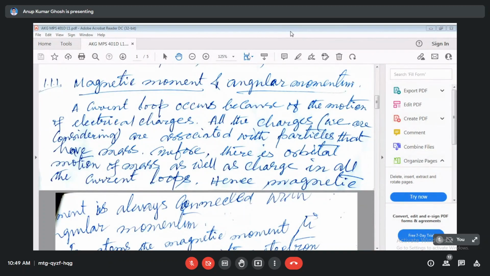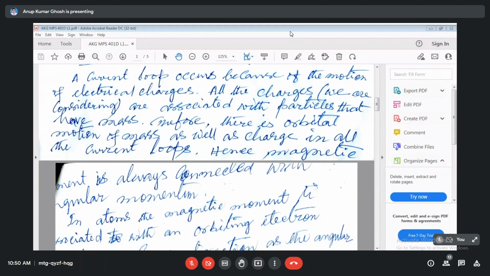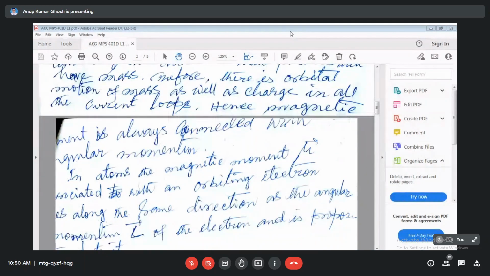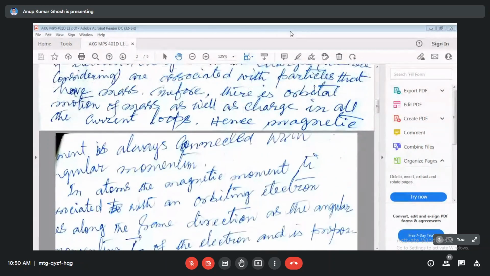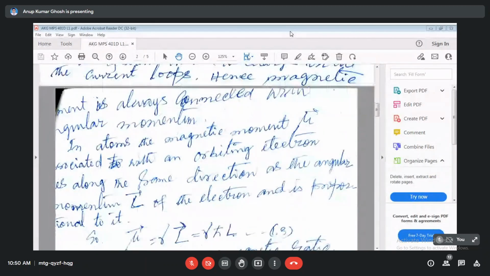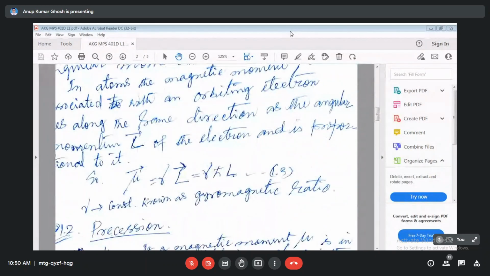So we are considering a charge having mass. The charge will give you the magnetic moment, mass will give you the angular momentum, and the magnetic moment is always connected with the angular momentum.